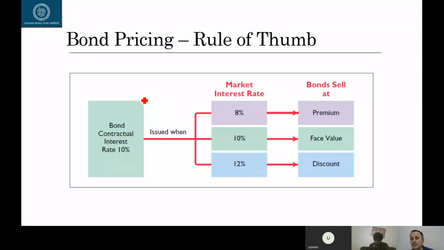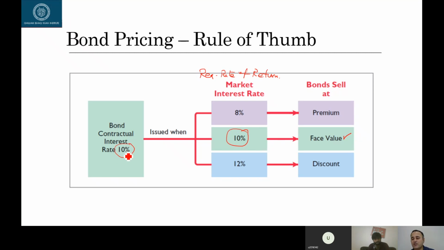Okay. So this page actually summarizes the whole discussion for you here. As I said, there is no rocket science to it. Everything is so logical. So let's say the contractual obligation of a bond is 10% and your market interest rate, by which I mean a required rate of return, is 10%. Then that one will be sold at face value.